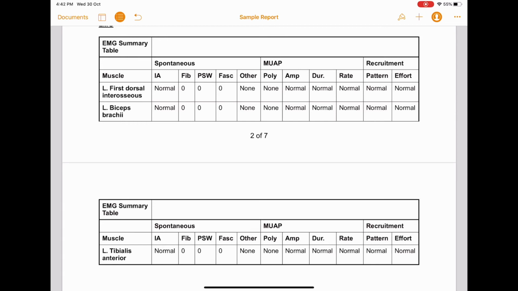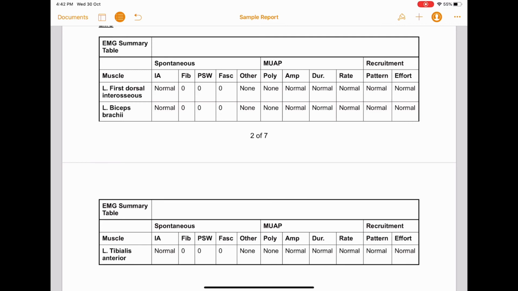We look at the amplitude of the wave. If it is 4 millivolts or more, then it is a big amplitude, and we have to note that. In some cases like myopathies, you can have small amplitudes also. Then you look at the duration, how long the wave was. If it was more than 15 milliseconds, then you are worried about long motor action potentials.